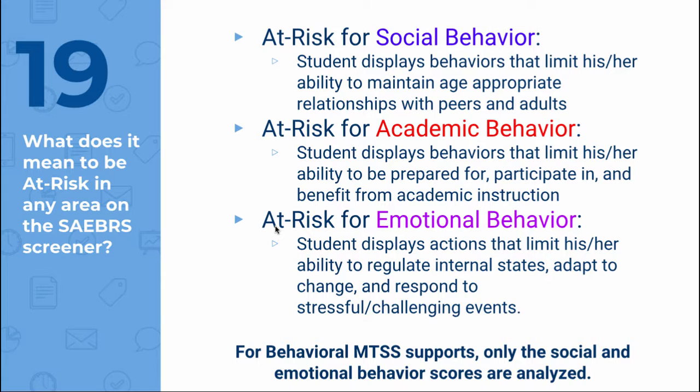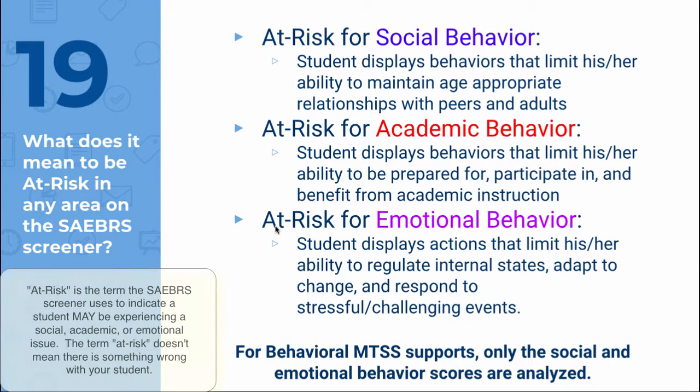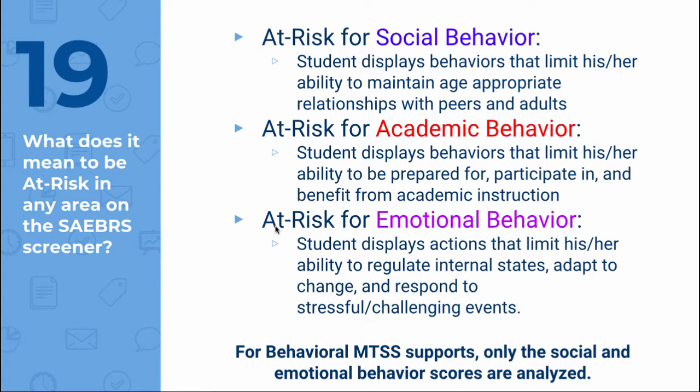If a student's score in social behavior indicates a student is at risk, this means that the student displays behaviors that limit his or her ability to maintain age-appropriate relationships with peers and adults. If a student is considered at risk for academic behavior, this means the student displays behaviors that limit his or her ability to be prepared for, participate in, and benefit from academic instruction.